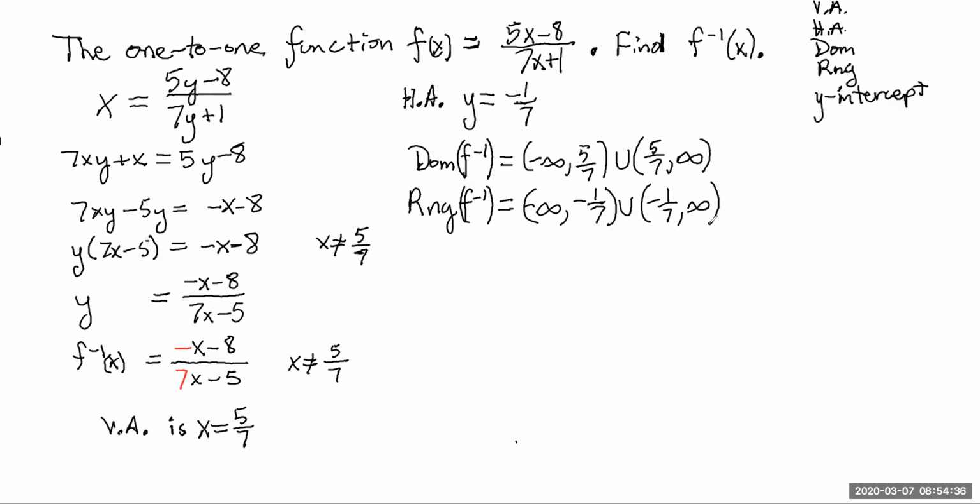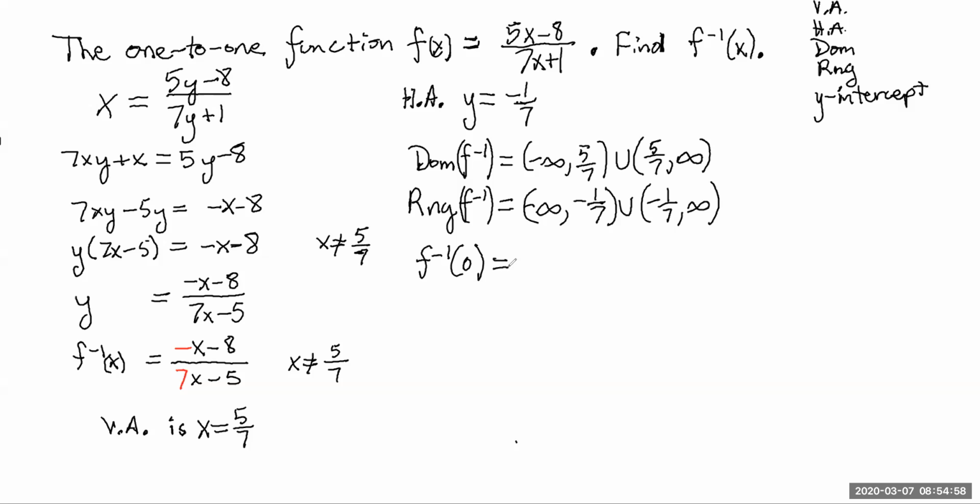So we got the vertical asymptote, the horizontal asymptote, the domain, the range. Only thing left is the y-intercept. So remember, the y-intercept occurs when x is 0. So let's use our function notation. X is 0, and let's find its output value.